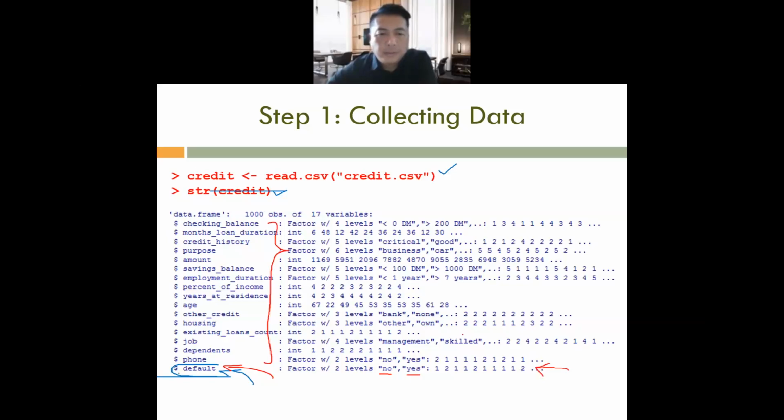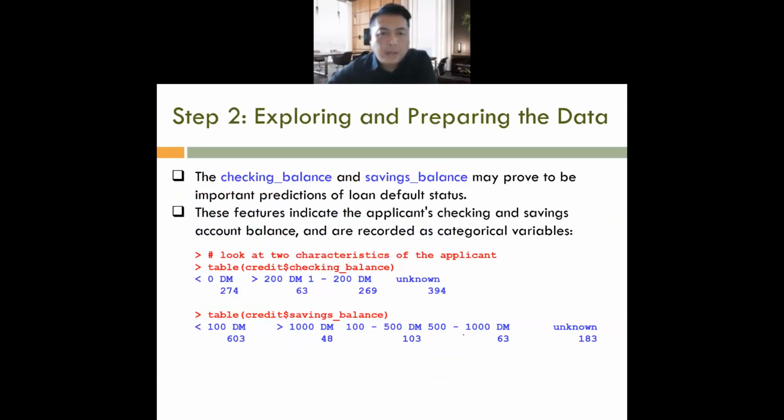So you can use a few statements here. For example, a table can be used to look at the number of samples for each of the values that you have in your checking balance. So for example, like this, for less than zero Dutch money, since this is Dutch money, we have 274 samples or records.